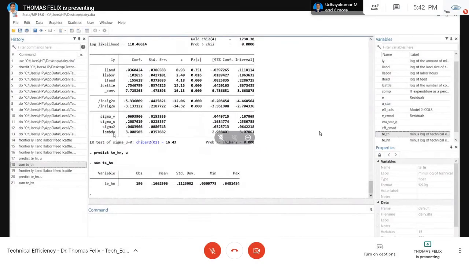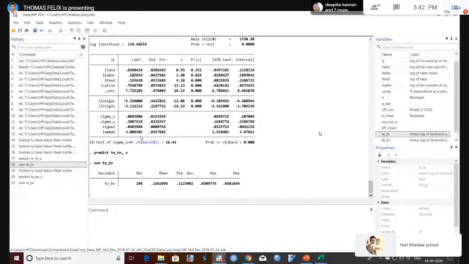Otherwise, you won't get a lambda value greater than 1. So if the lambda value is not greater than 1, you don't need to calculate the technical efficiency, because all the yield variation has occurred because of random errors.